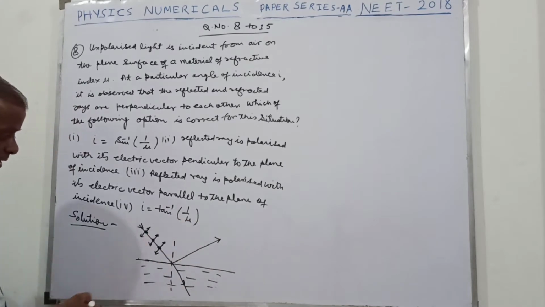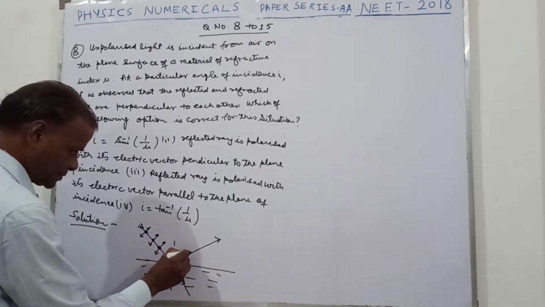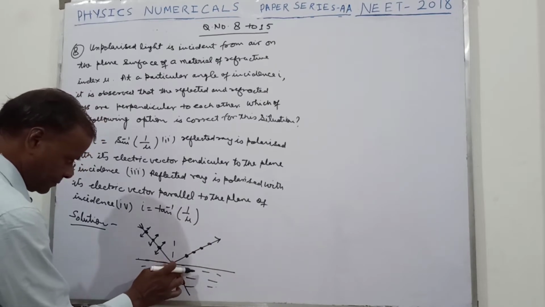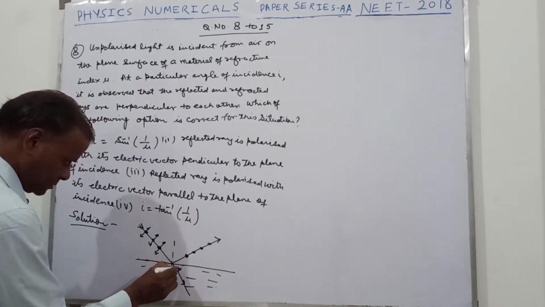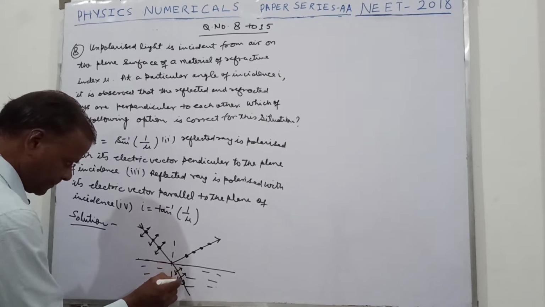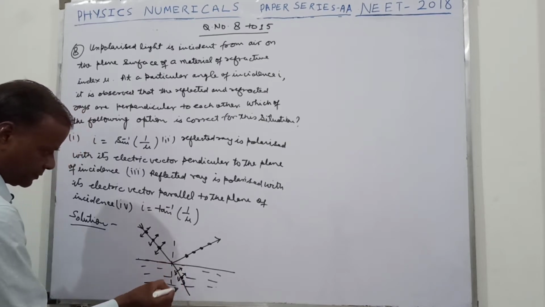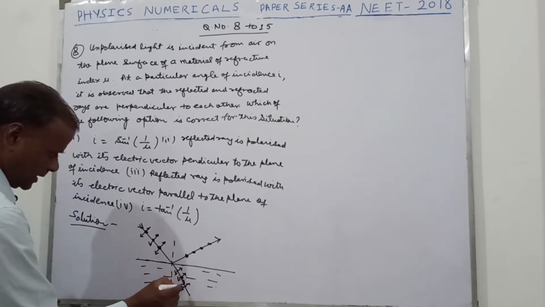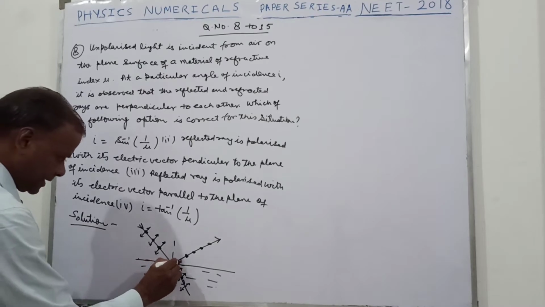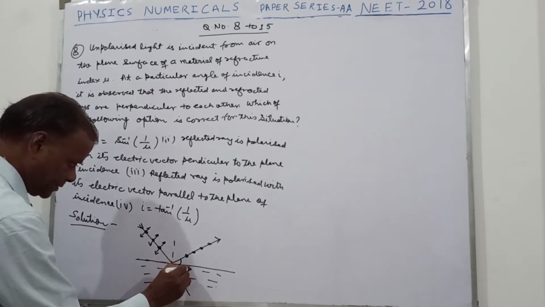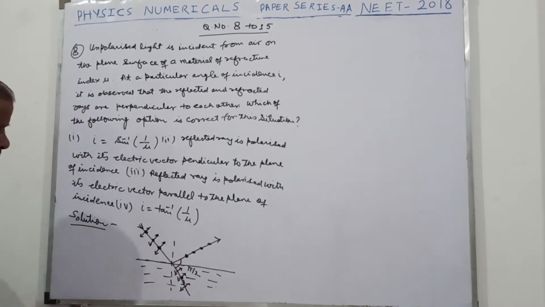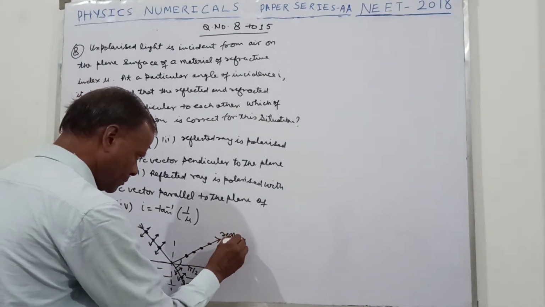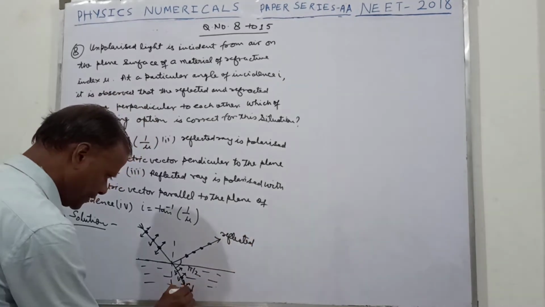We know that in reflected rays there are only the dot vibrations, and here we have the arrow vibrations. So this is the mixture of the two, and this angle is 90 degrees or pi by 2.